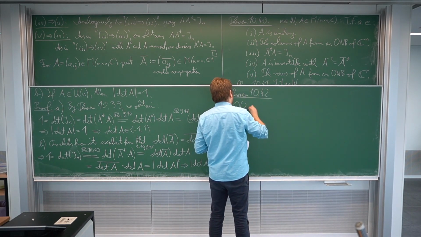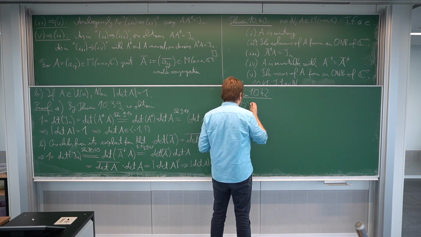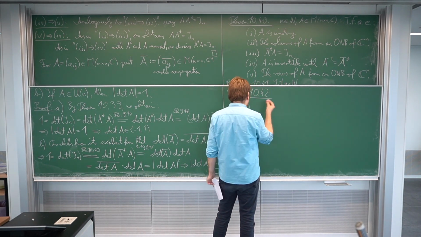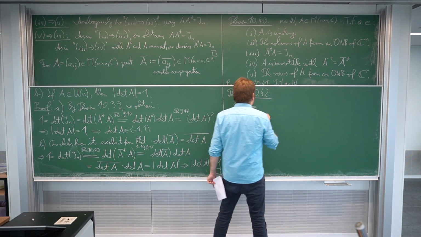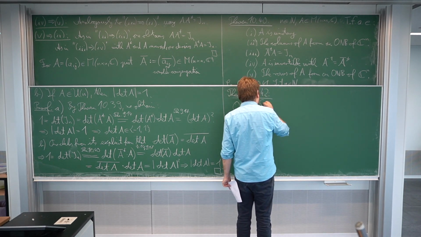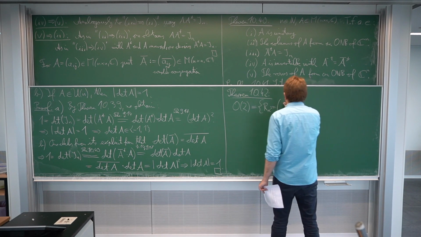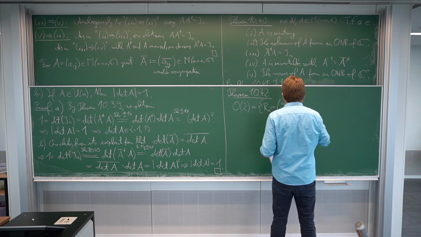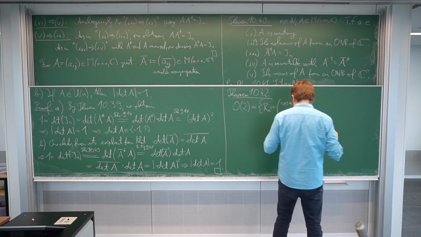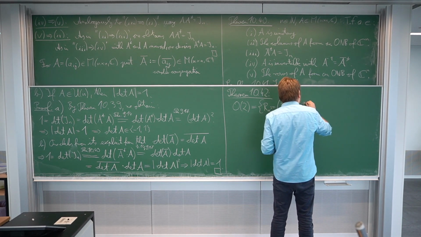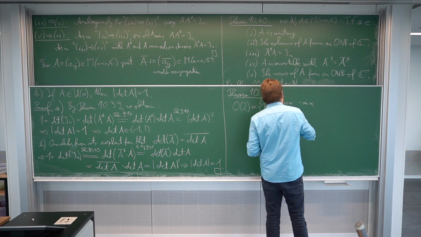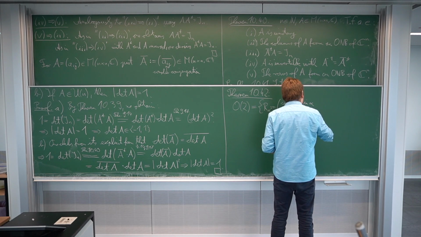O2, the set of all orthogonal 2x2 matrices, so real matrices of course, is one of two types. It's either of the matrix which I will call R alpha, which looks the following way. The cosine of alpha, hey, trigonometry is back. Cosine of alpha, minus sine alpha, sine alpha, cosine alpha.